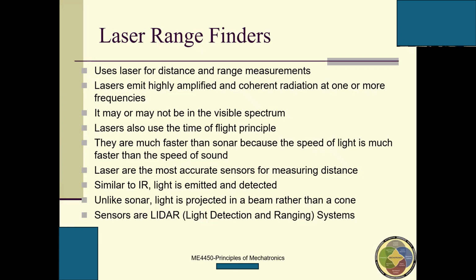Unlike sonar, light is projected in a beam rather than a cone. The sonar is a cone here, cone back, but the laser is a very concentrated beam. The sensors are called lidar systems, the light detection and ranging system.